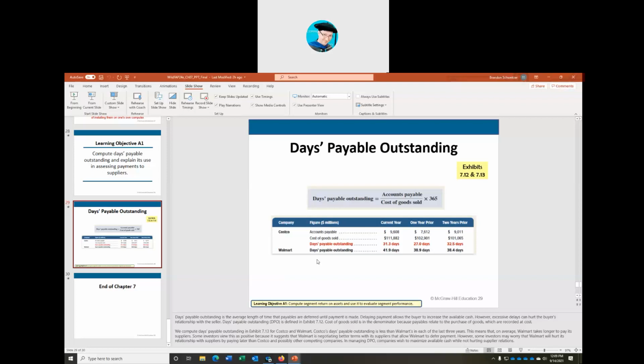There are 365 calendar days in a year. We know that. We understand that. We use 365 for some ratios, and we use 360 for others. Here's the difference. There are 360 banking days in a year.